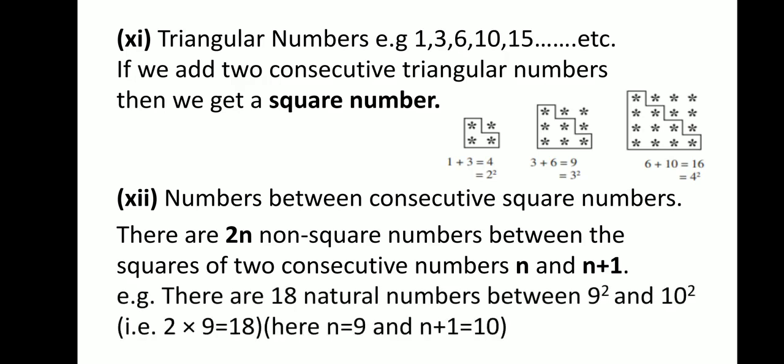Let us take an example. There are 18 natural numbers between 9 square and 10 square, that is 2n. Here n is equal to 9 and n plus 1 is equal to 10. So 2 into 9, that is equal to 18 natural numbers, will lie between the squares of two consecutive numbers, that is 9 square and 10 square.